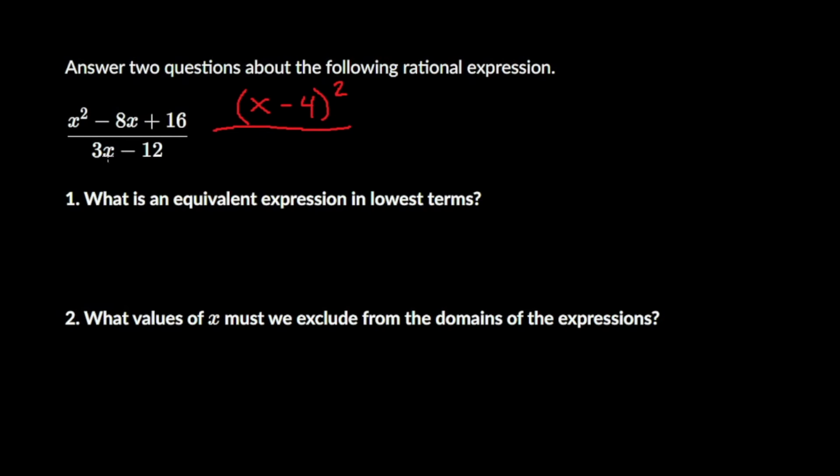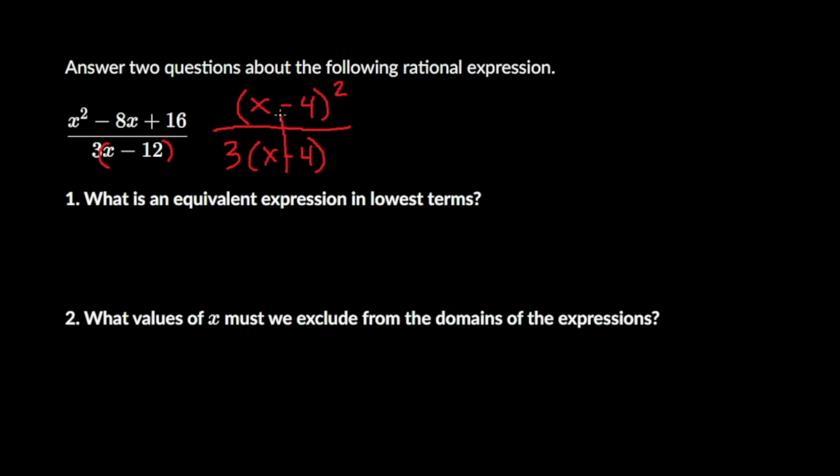For this one, we can't use the regular methods like we did with the numerator, right? But we can just factor out the 3. So do something like that. And 12 divided by 3 is 4. So we just have 3 times x minus 4.